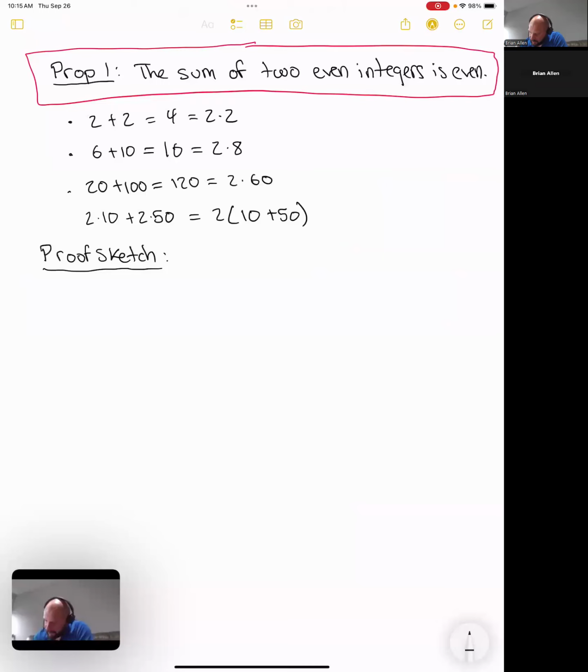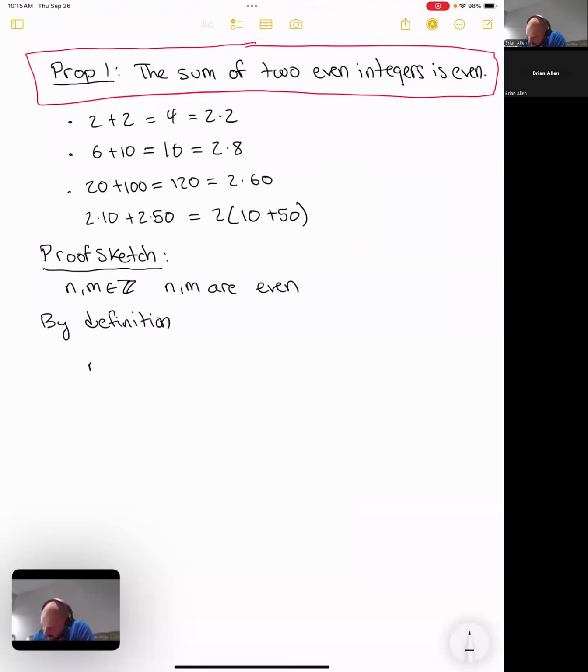So first of all, if we take n and m, which are integers, and say that n and m are even, then first of all, we know by definition, right?